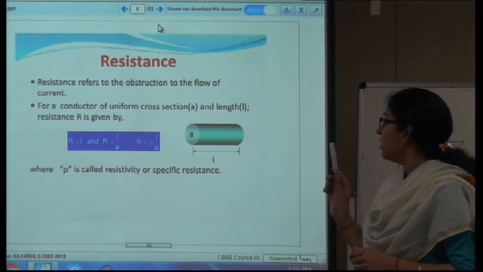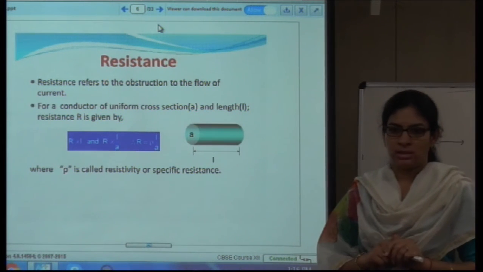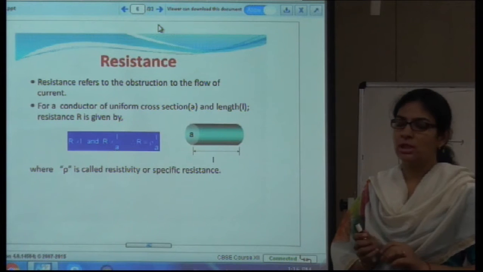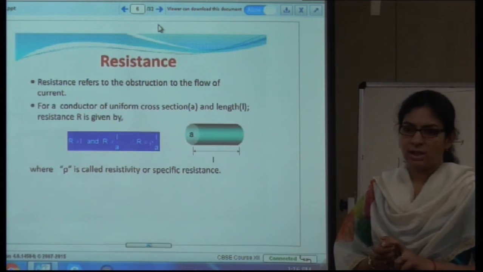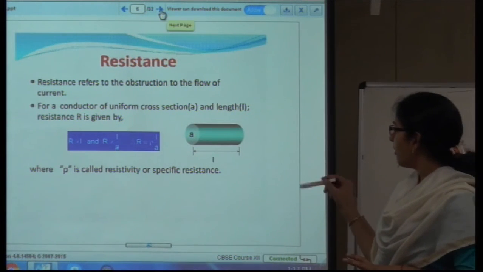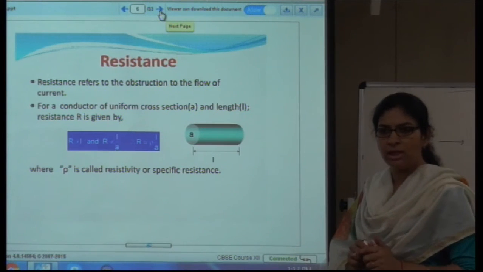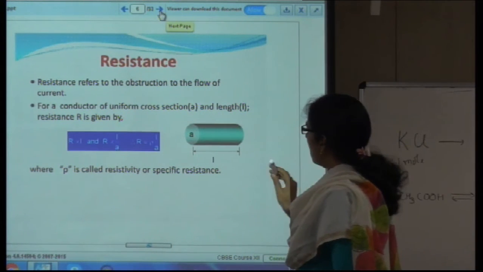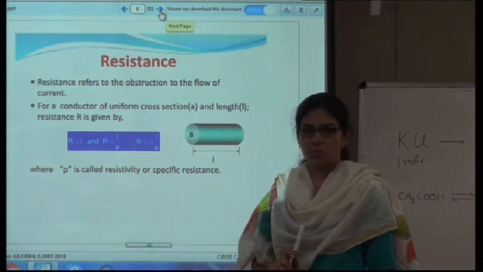So, removing this proportionality, we put a proportionality constant here which is called rho. This is called your resistivity, or you call it specific resistance, right? How do you define this specific resistance? We can define it from here only: rho is equal to R if L is 1 and A is 1.